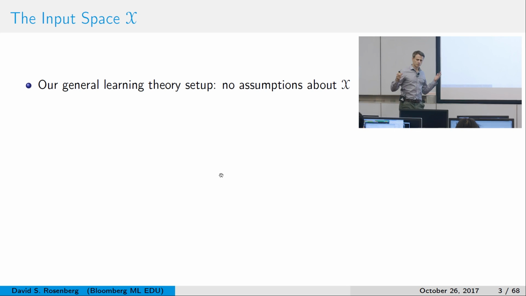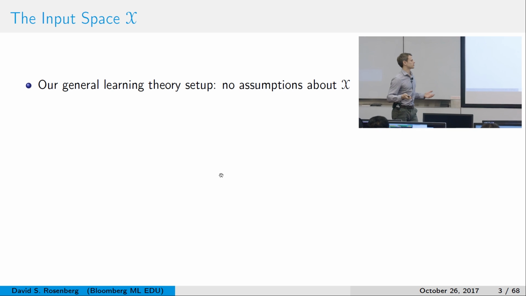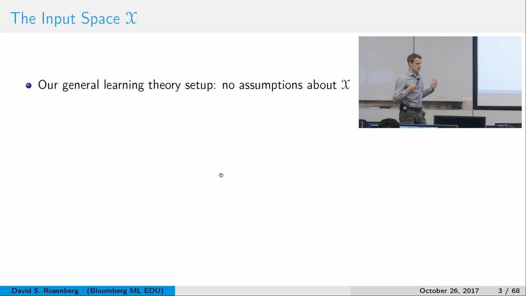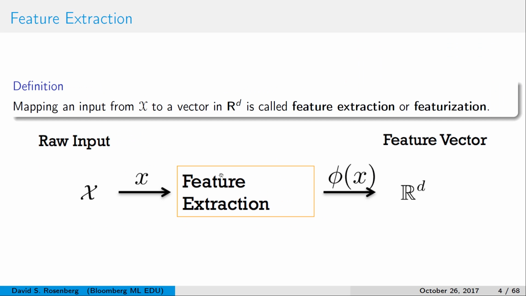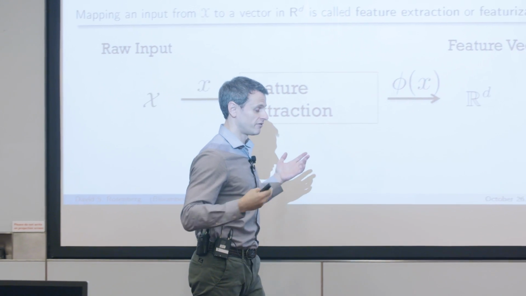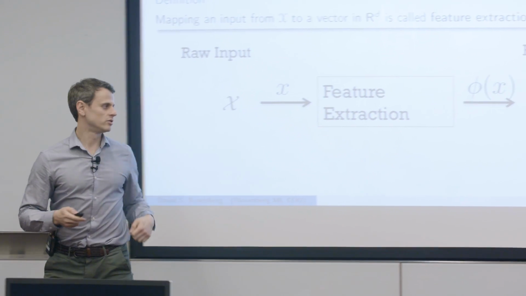So as we discussed last week, we can have an input space X that's raw, with no assumption, no structure on it at all. So to actually work with it, we would introduce a feature map, feature extraction. We'd map from some arbitrary input X, a file, a sound file, into R^d, a d-dimensional vector.